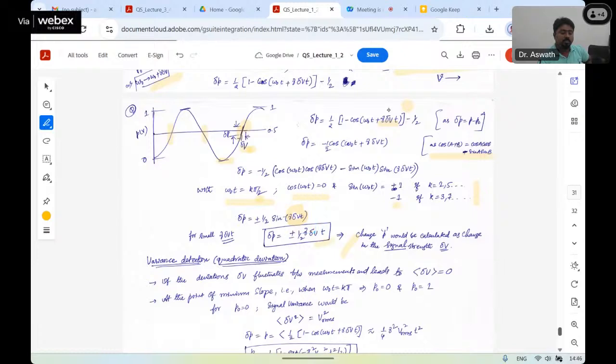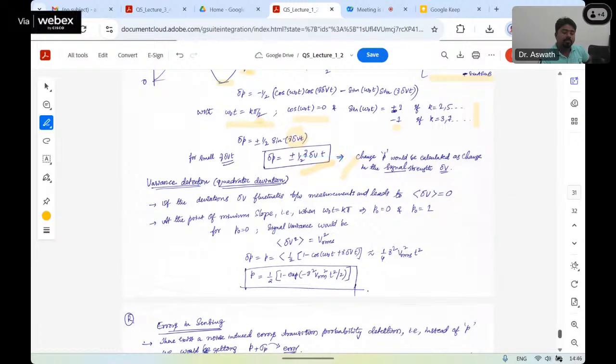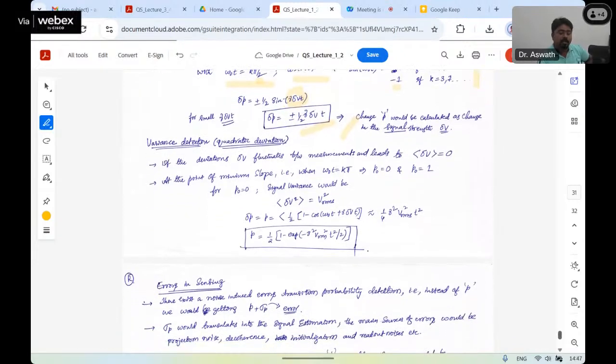You just substitute as it is and get back the rate of change in P with respect to the rate of change in V. The moment you know the change in P, you can make out what V itself is. That is given in the calculations like variance detection.